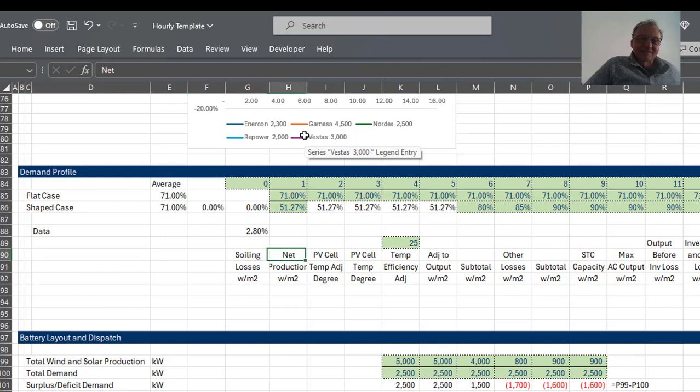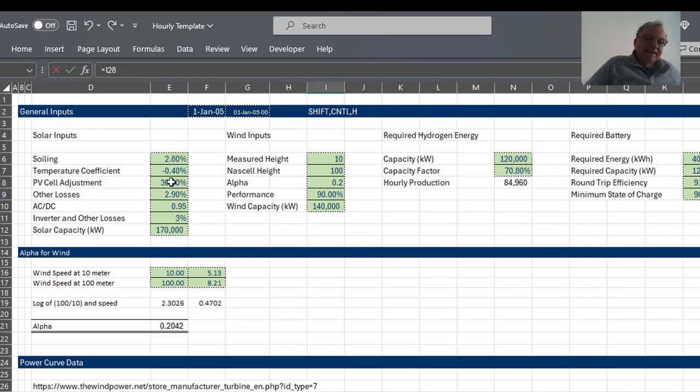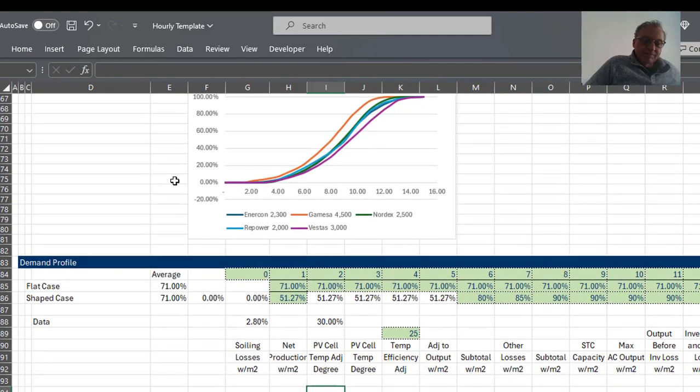Let me just do this for a second. We have our soiling losses, and then we'll have a temperature adjustment where we take 30% of the wind speed of the solar, in meters per second, and that gives us how much we add to the temperature.